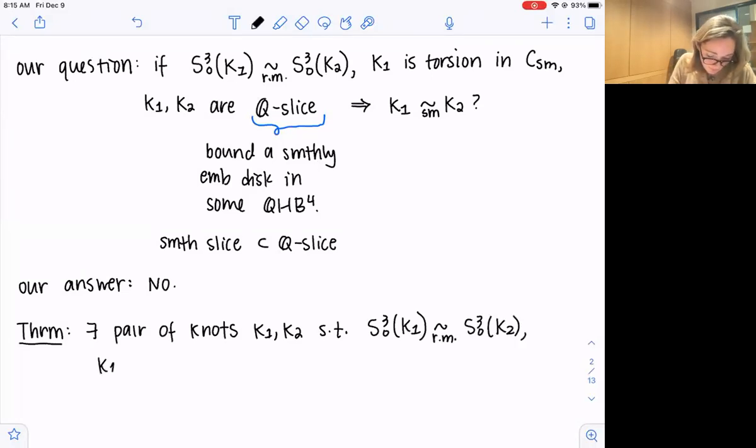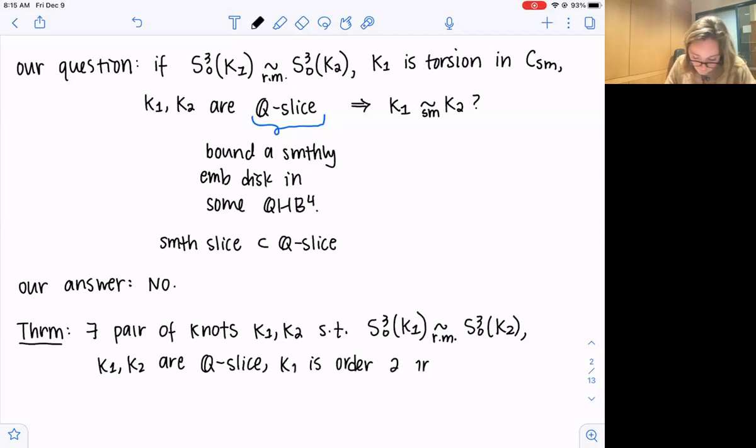They are both rationally slice. K1 is order 2, a representative of a 2-torsion class, and K2 is infinite order.